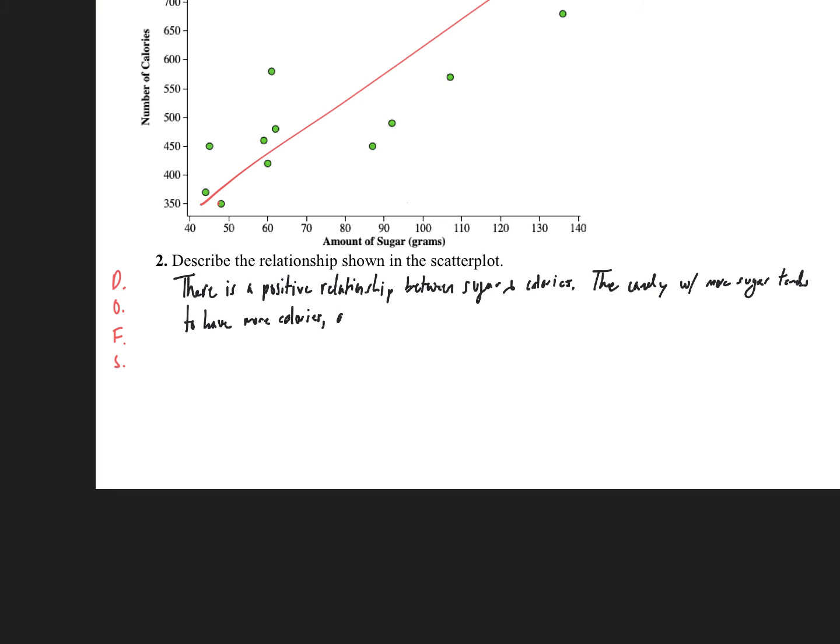And the candies with less sugar tend to have fewer calories. So there's my idea, and then why I'm saying that, right? My explanation behind that. And then the form, this has a linear pattern.